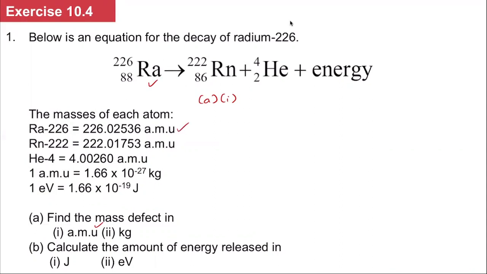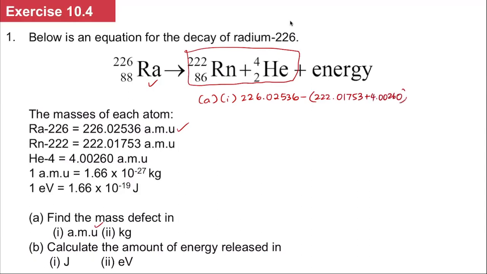You take this value, 226.02536, and then you minus all of this number after the arrow. You minus for radon 222.01753 plus 4.00260.